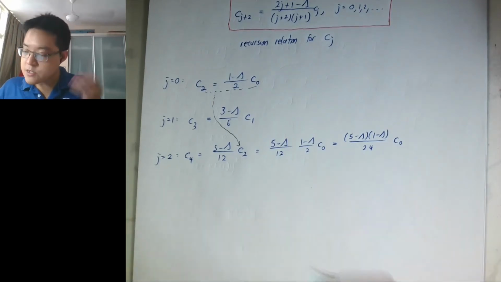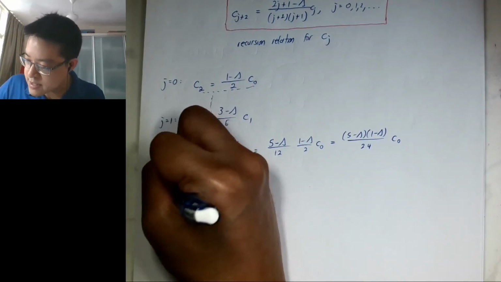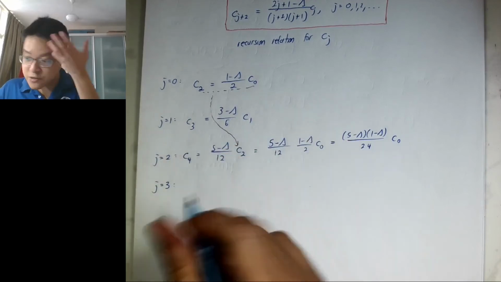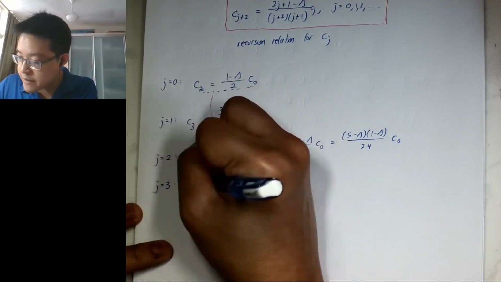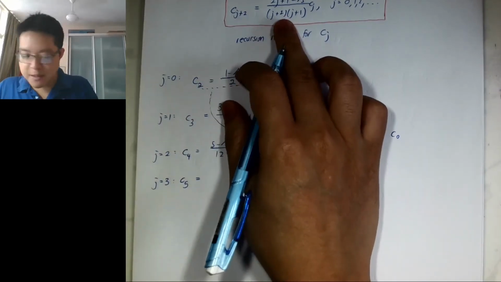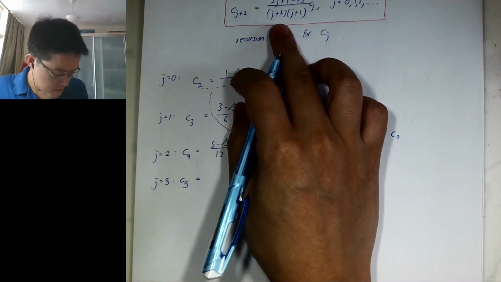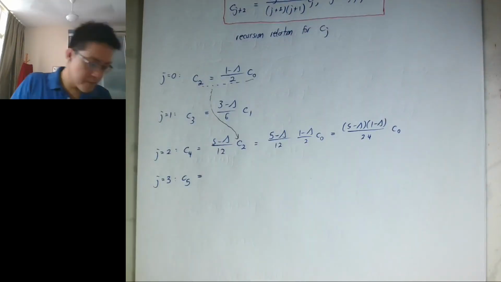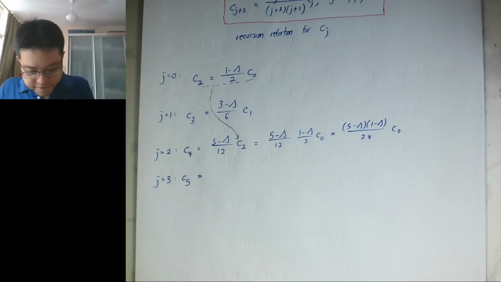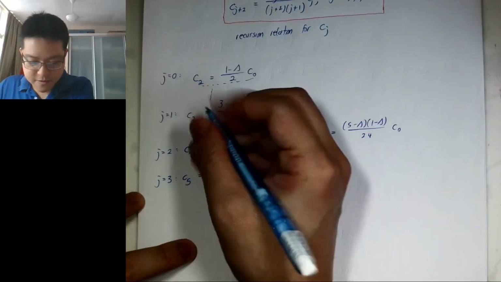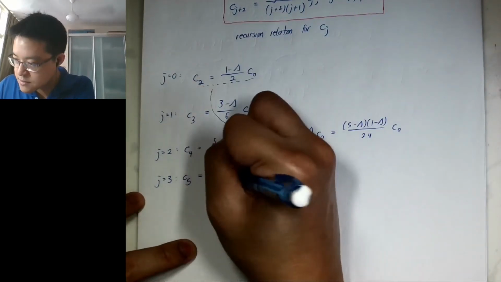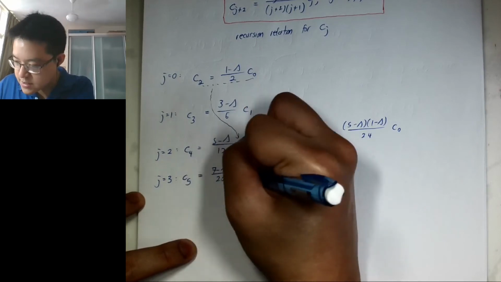Okay, so hopefully you can notice the pattern over here. If I put in j equals 3, then this will give me c5, and then I'm lazy to work it out. Let me look at my notes. C5 is 7 minus lambda, and then this is 20, c3.